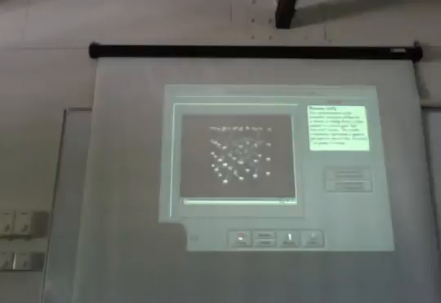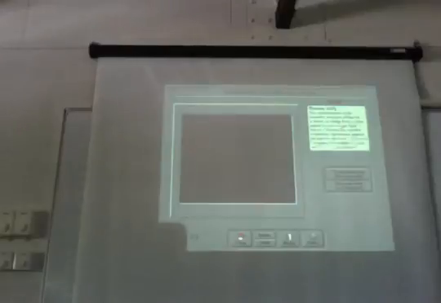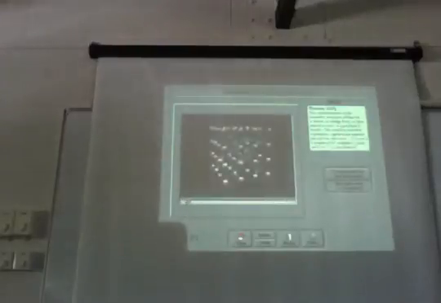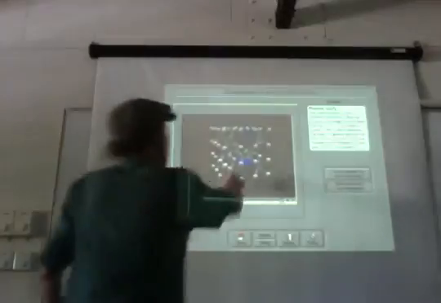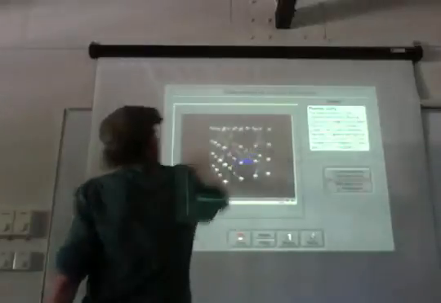Now we can go from ball and stick to polyhedral. Then you are forming your tetrahedrons and your octahedrons, yeah?